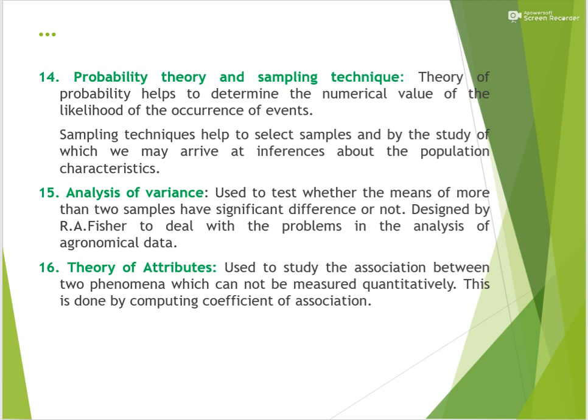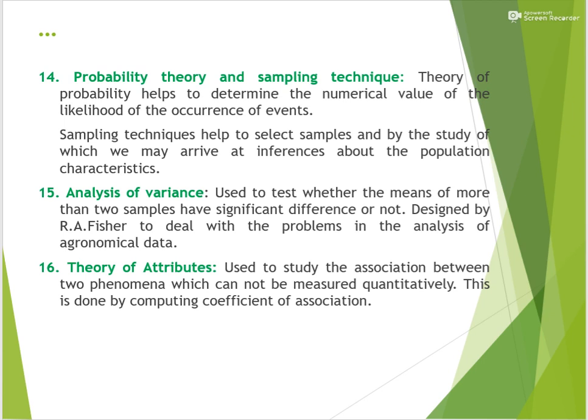The next statistical quantitative technique is analysis of variance. This is used to test whether there is significant difference in the mean values of three or more samples. This was designed by Professor R. A. Fisher.